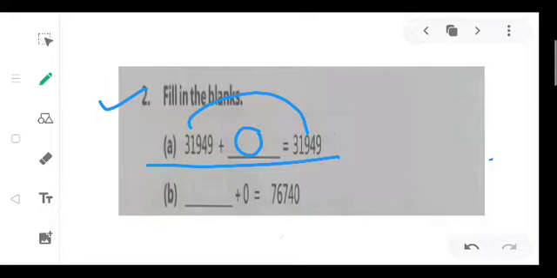B part, dash plus 0 is equal to this number. It means what number would we have added to 0? That answer will be this. When the answer remains the same after we add 0 to that number, it means the given number is the same.